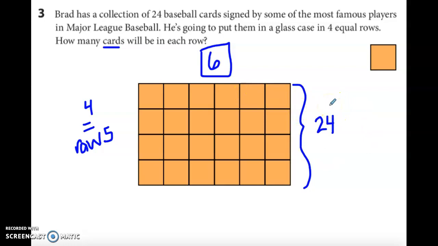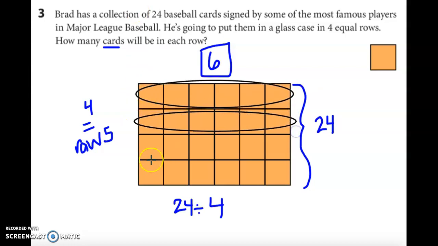So really, the type of problem that we just did is a division problem. So we would write 24 divided by 4 equals 6 is what we're asking, because we started with 4 rows, and then we had to find out how many could go in each row, and we found out that it was 6.